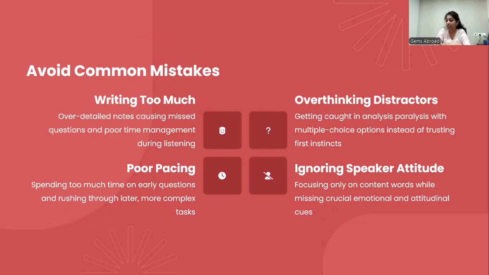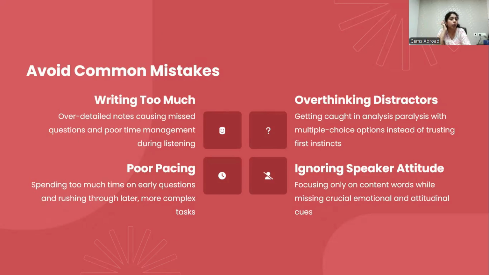And what is overthinking distractors? Getting caught in analysis paralysis with multiple choice options instead of trusting first instincts. Poor pacing, because a lot of students spend too much time on the early questions and then they rush through the later ones.